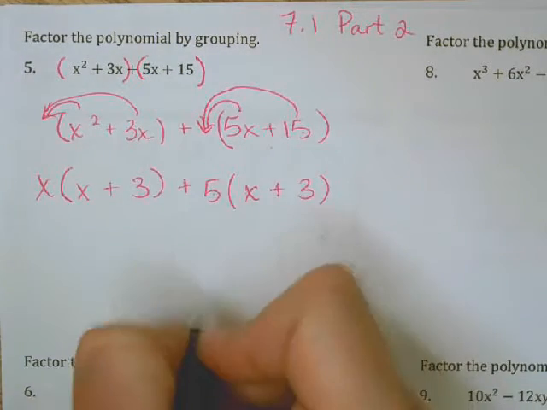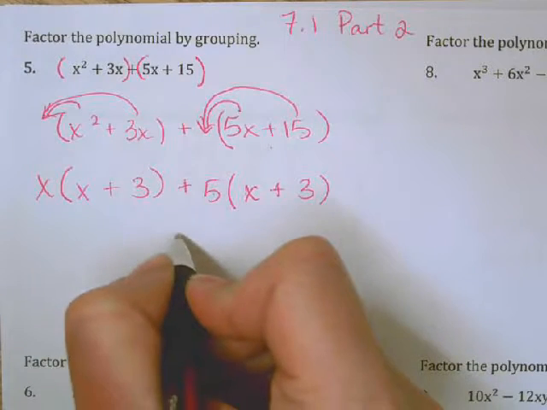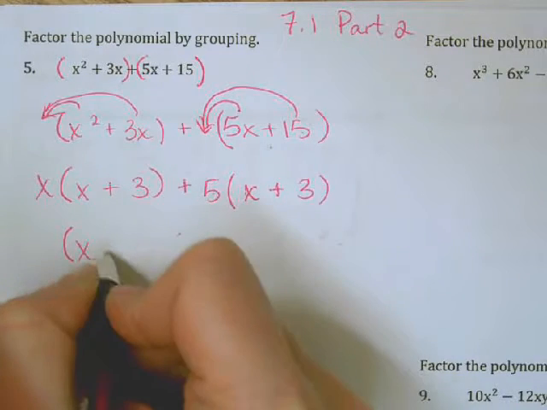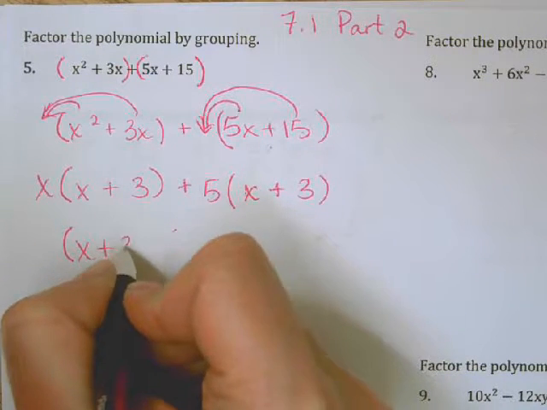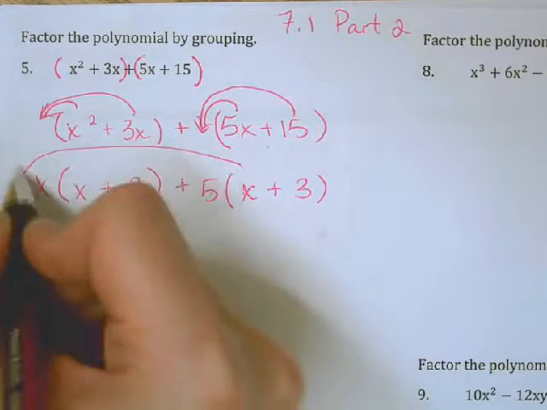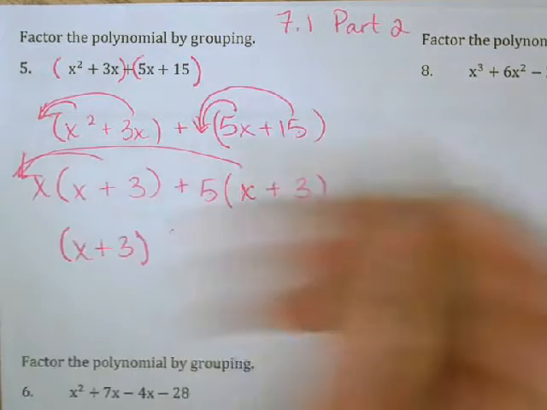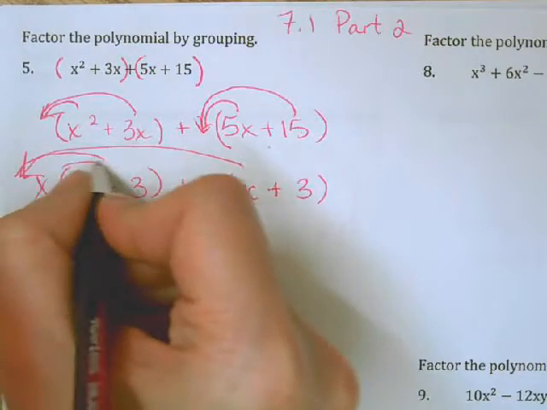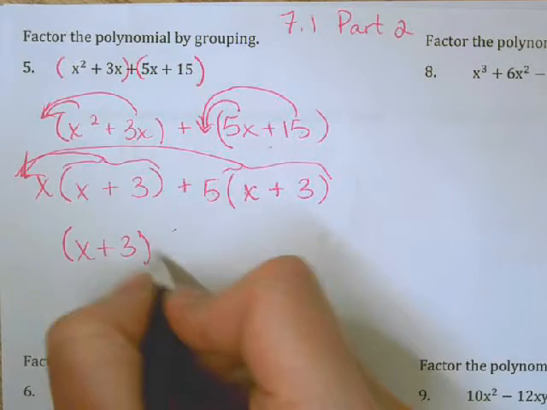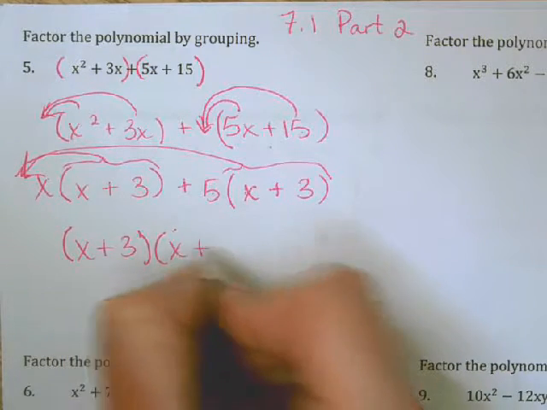So what I have here when I look at it is actually a common factor for both of those. So if I take out that common factor, x plus 3, and I pull it out, the whole thing, then what I'm left with is the factor x plus 5.